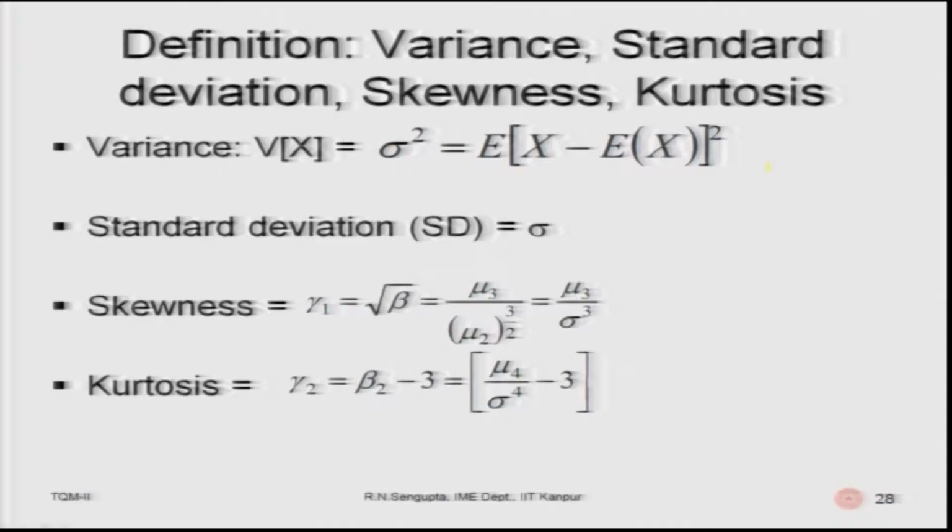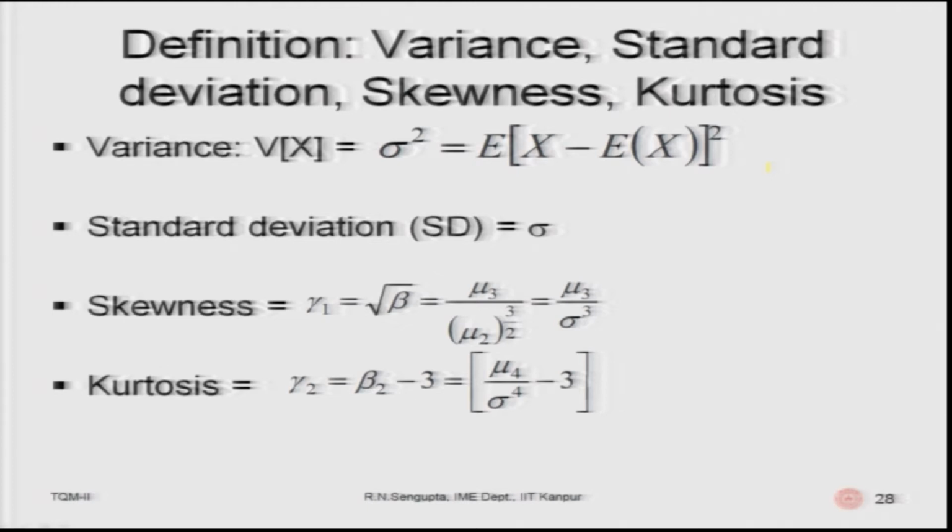The definitions of the variance, standard deviation and skewness are for dispersion. We will use these 3 terms, but mainly we will be using standard deviation or variance. Variance is given by the expected value of the square of the difference.